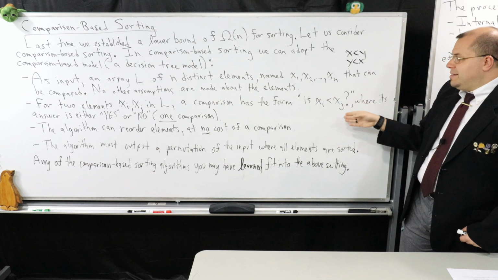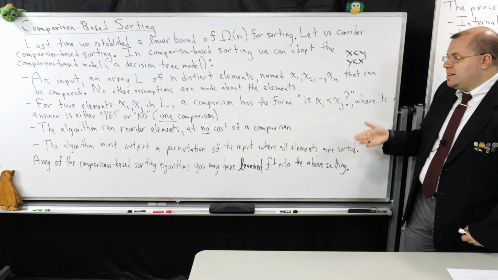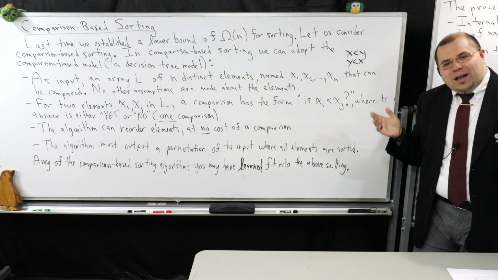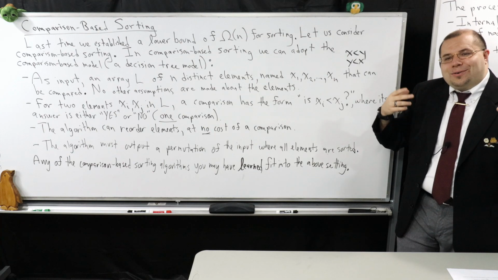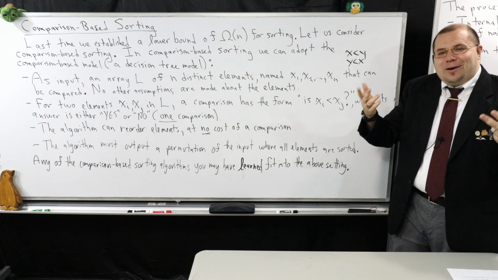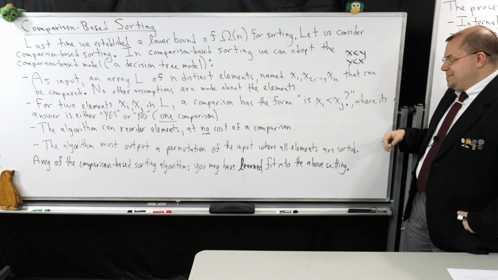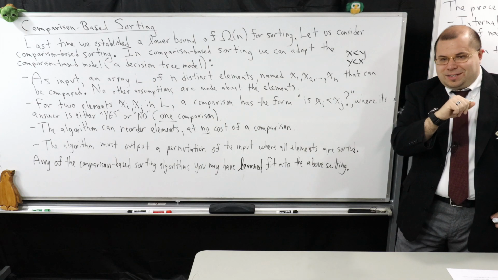I'll say that this is a comparison, and the answer from a comparison is either yes or no. Kind of like when we talked about adversarial arguments, where the algorithm will ask questions about the input, this is very similar. Every time I do this, it counts as one comparison.